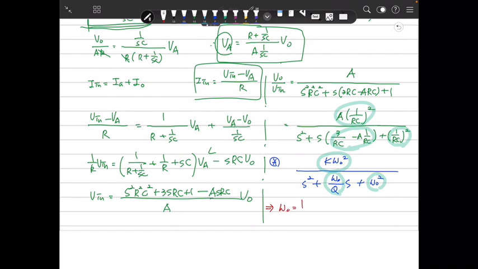Omega 0 is 1 over RC. Then K is A. Therefore, Q is 1 over 3 minus A.